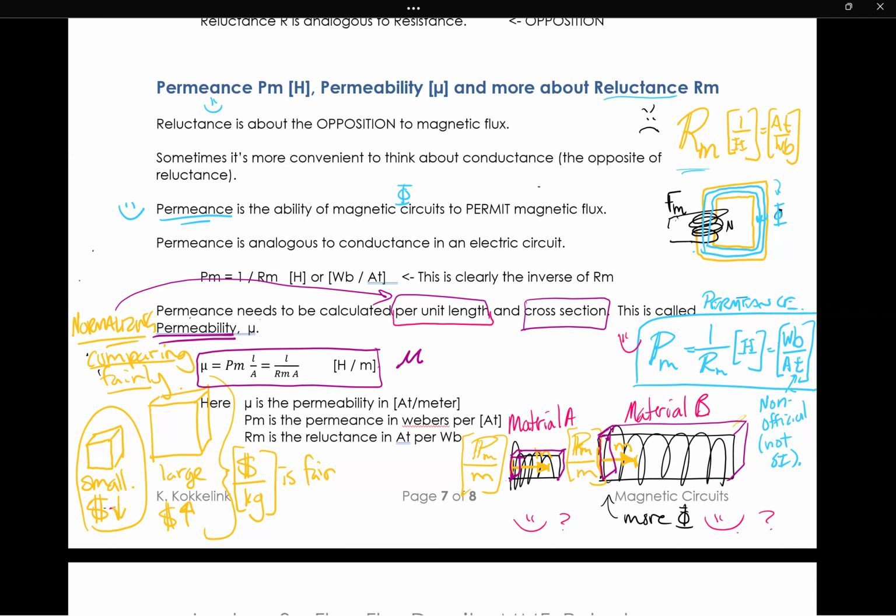Length times cross-sectional area is actually a volume. So now we're looking at this whole volume in here, and this whole volume in here. So permeance needs to be calculated per unit length and cross-section, and this is called permeability.